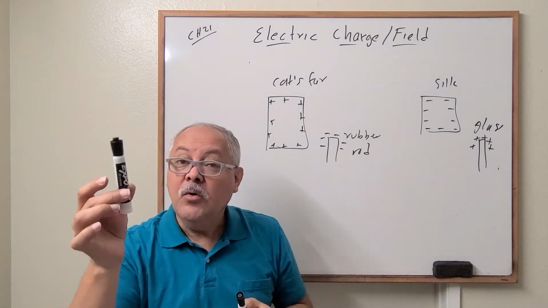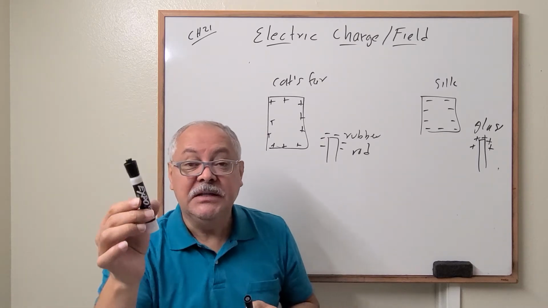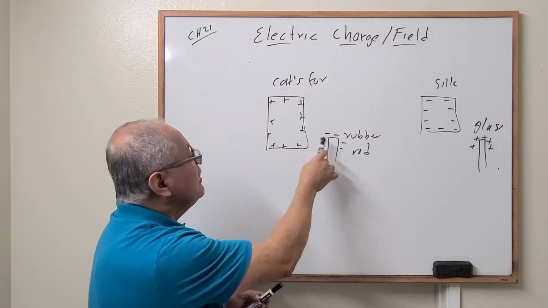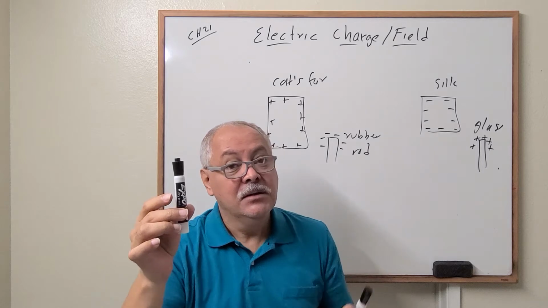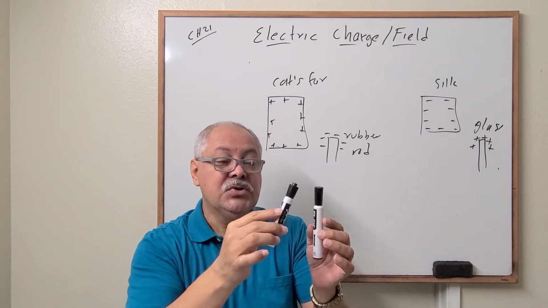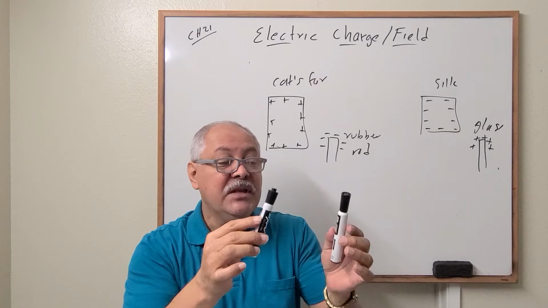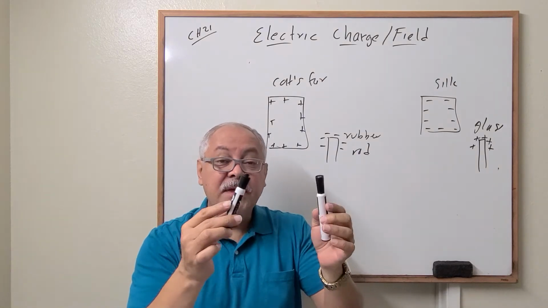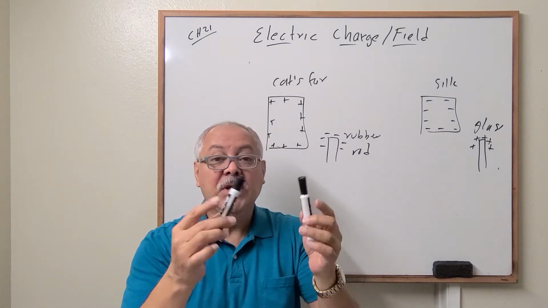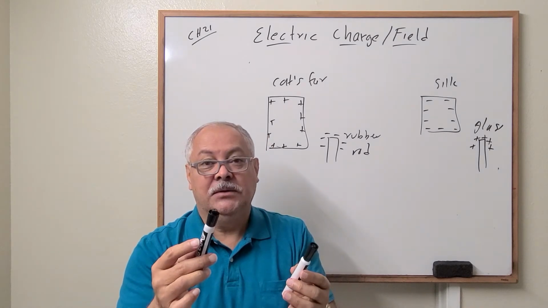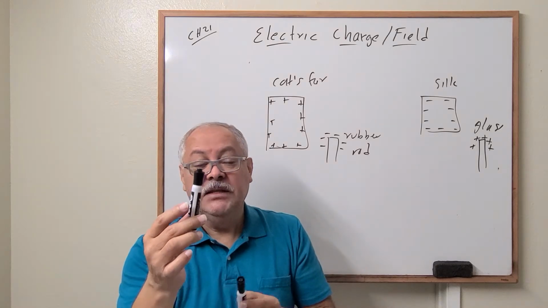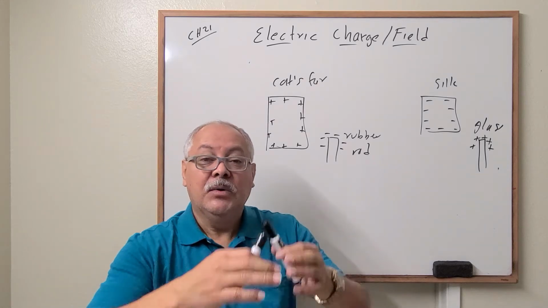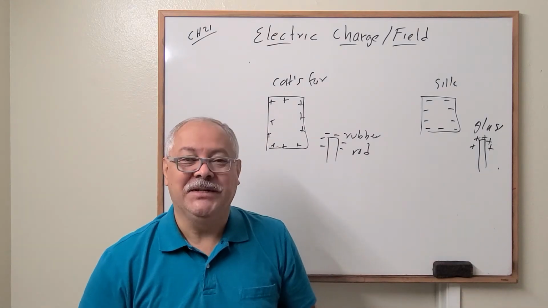Well, if we know one object like this one, that comes from this convention, and this is negatively charged, then if we approach these two and they repel, it means that these two have the same charge. If this is negative, the other is gonna be negative. If they attract, we know that they have opposite charge. So if this is negative, the other is gonna be positive. And we can define in this way the type of charge for any charged object.